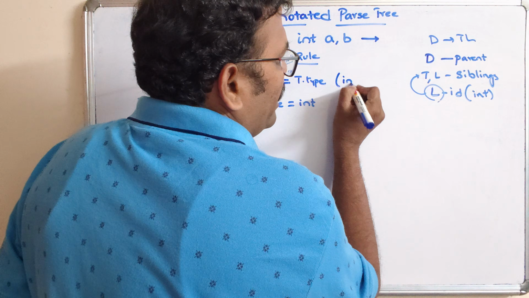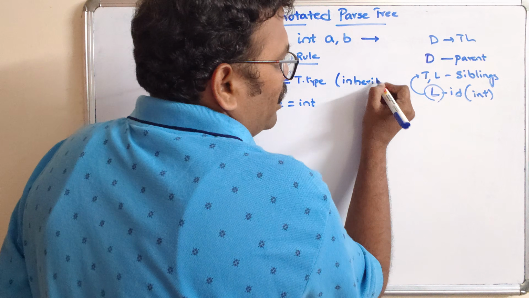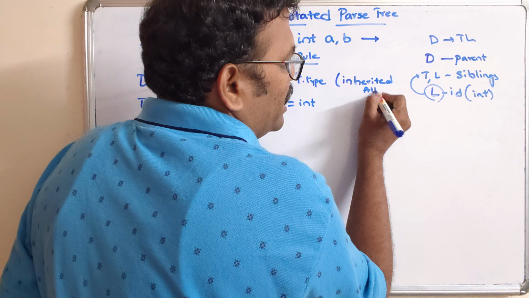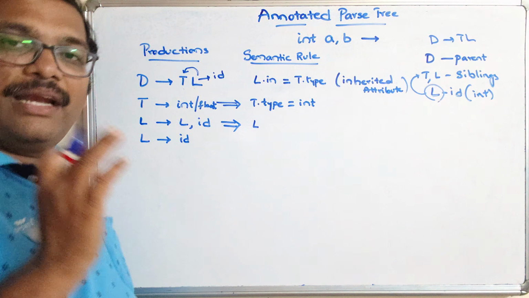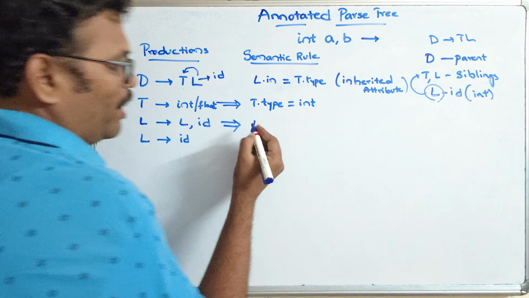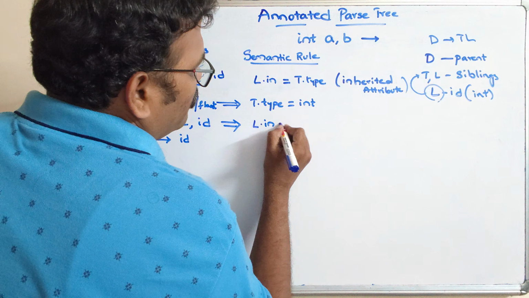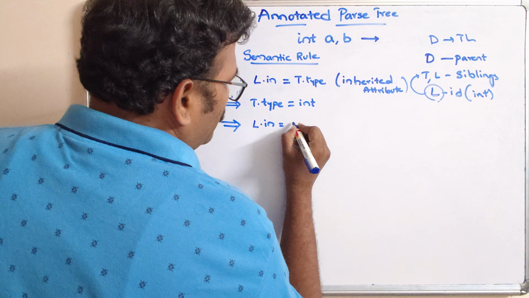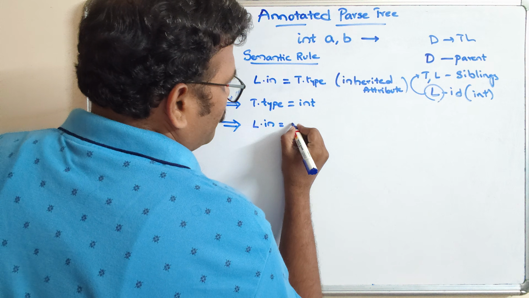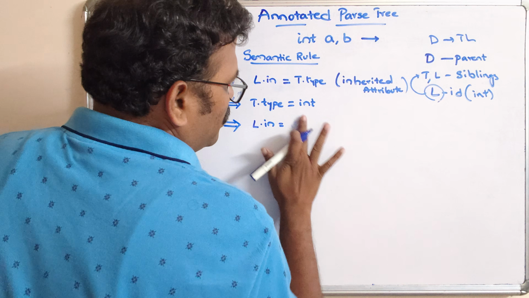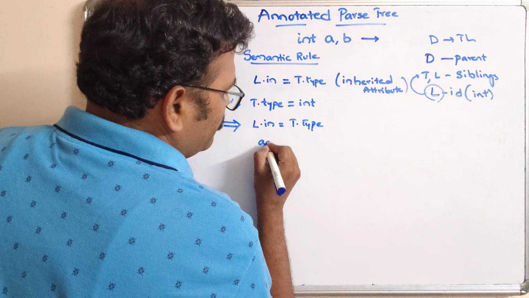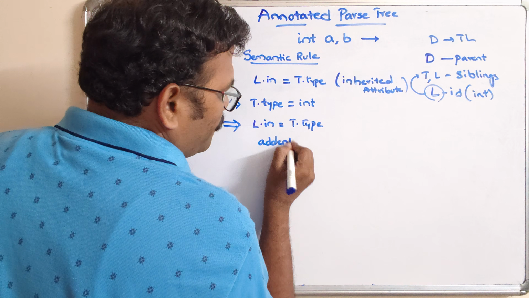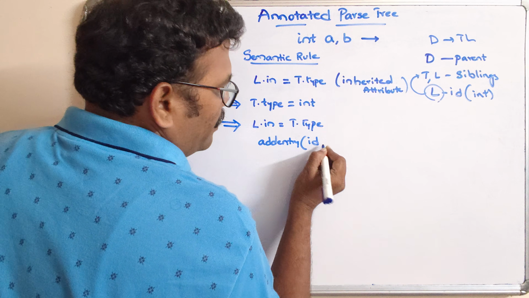In our previous example, we saw the synthesized attributes. In this example, we are seeing the inherited attribute. Here L.in will also depend upon the same thing, T.type, and we can simply add an entry of id.